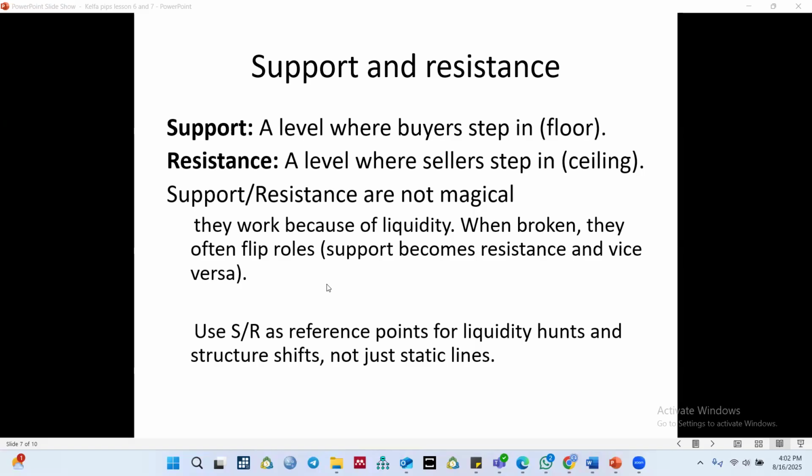We can use support and resistance as reference points for liquidity and structure shifts, not just static lines. Okay. Very important. It's very, very key.